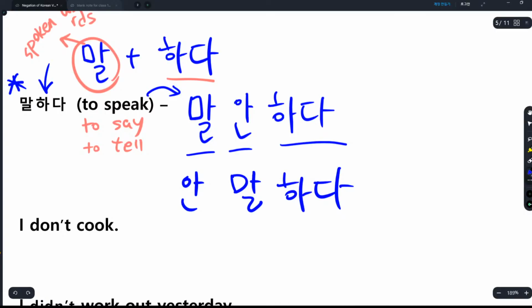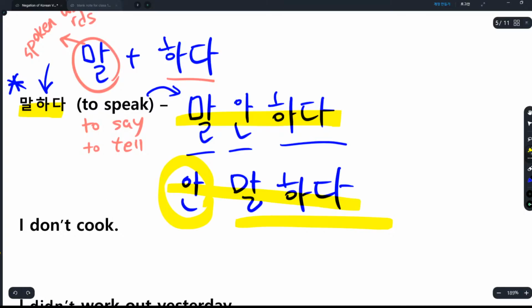So for 말하다, guys, it follows both rules. 말 안 하다 or 안 plus verb. For 말하다, both work. Both are commonly used, guys.